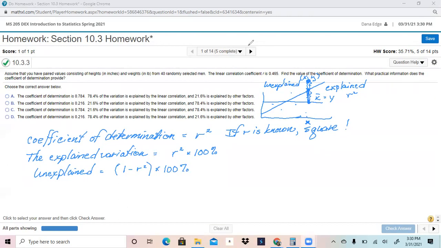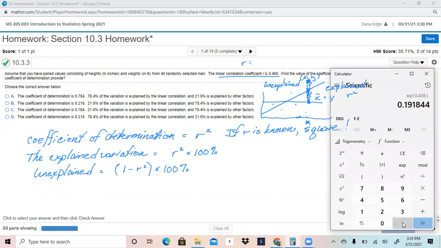So for this particular problem, we have a situation where they're giving us the linear correlation coefficient r. R squared, if we just use our calculator to get 0.465 and square it, we get 0.216.